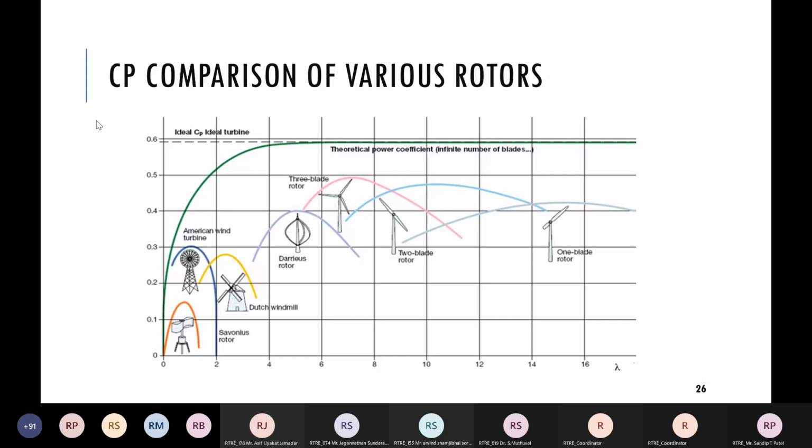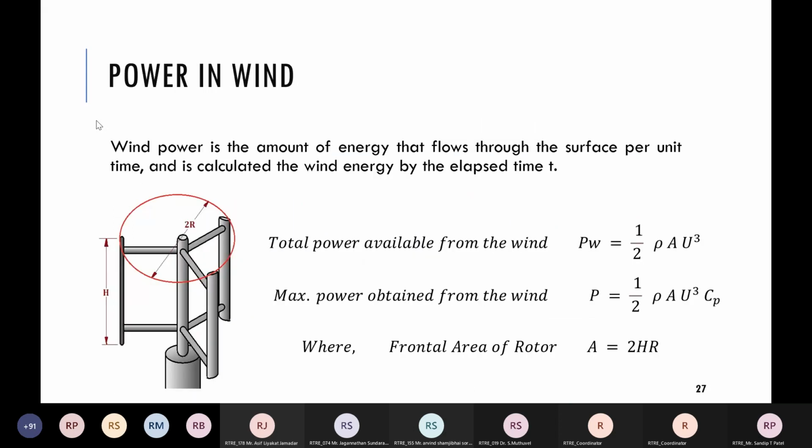You can see the Savonius has very poor efficiency, less than 20%, while maximum Darrieus can achieve is 40%, while propeller type horizontal axis wind turbine can achieve up to 50% efficiency. This is somewhat of a comparison.